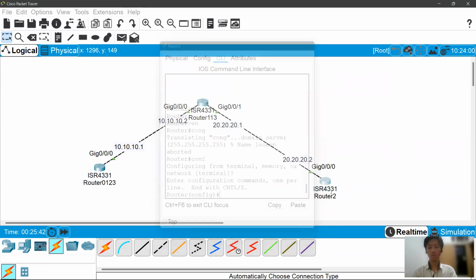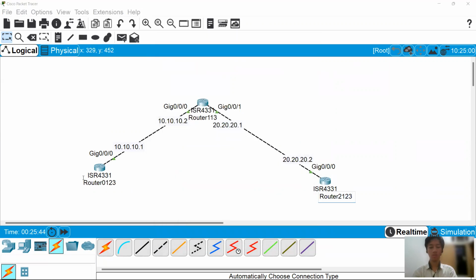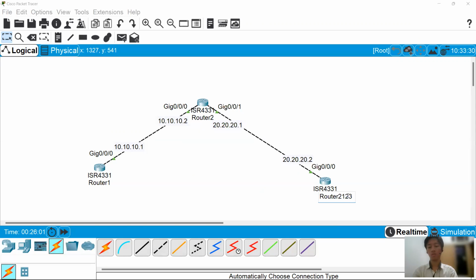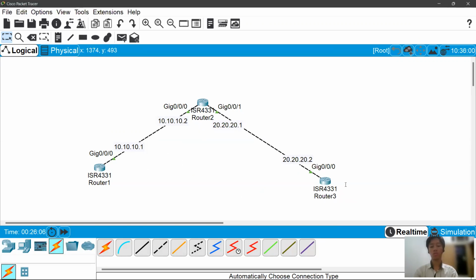Here I want to change the default router name, which started with router 0, to router 1 to 3.